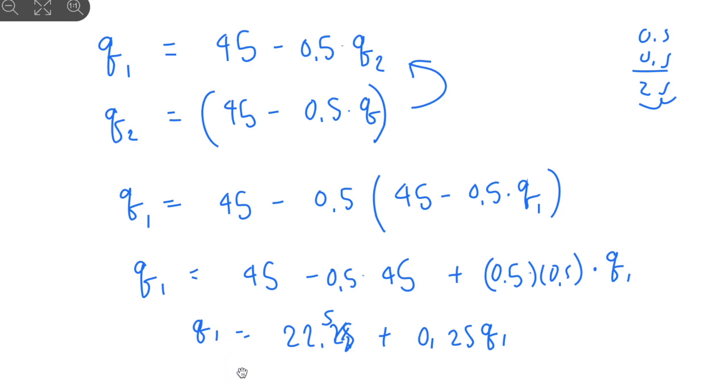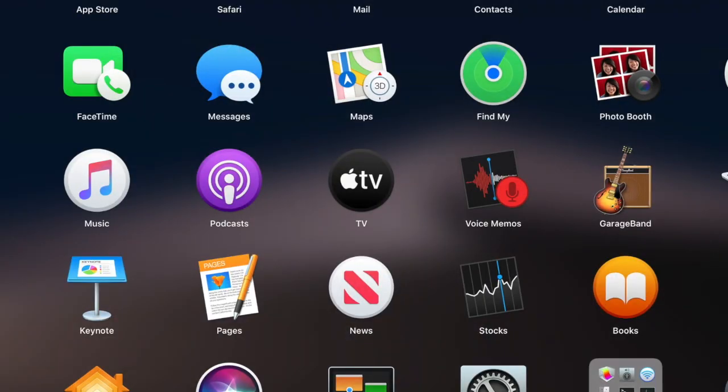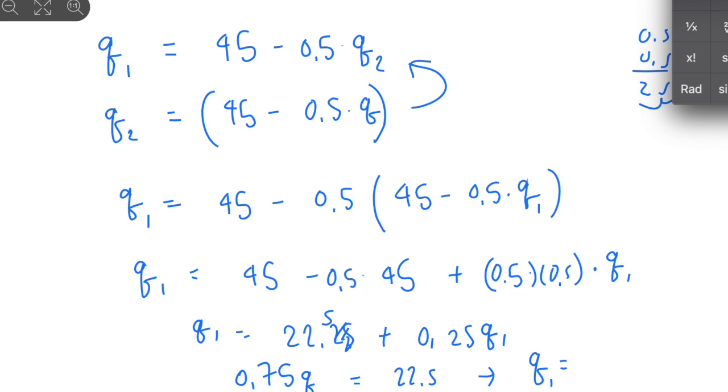So we have 0.75 Q1 equals 22.5, and thus we get the quantity of Firm 1: 22.5 over 0.75, we get 30. The quantity of Firm 1 equals 30.